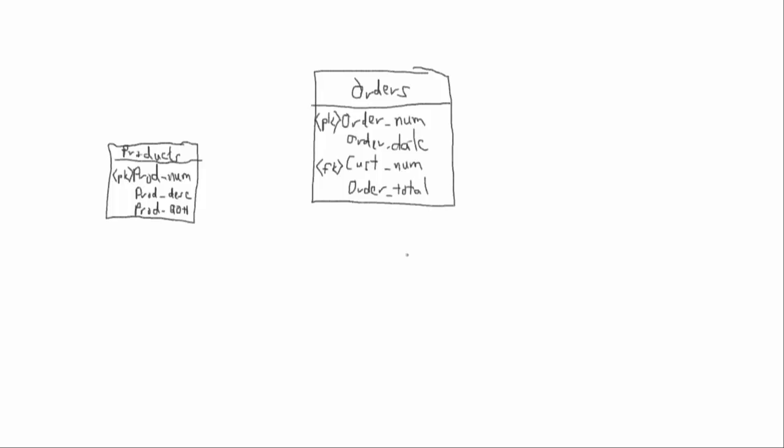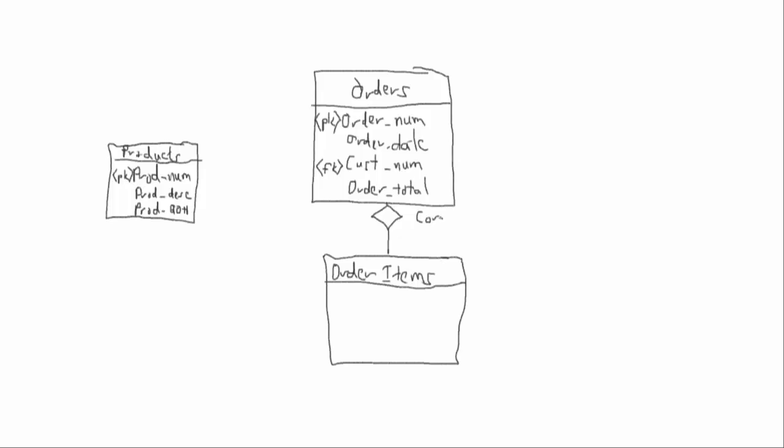All of those items in an order become a composition of data that gets accumulated into the order for transaction purposes, but that we're going to treat separately as a separate table down here. So we'll call this order items. And that's a composition of orders, or a composition of those gets accumulated into the order.